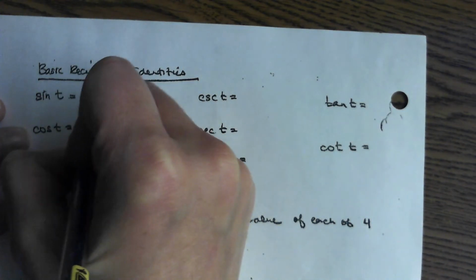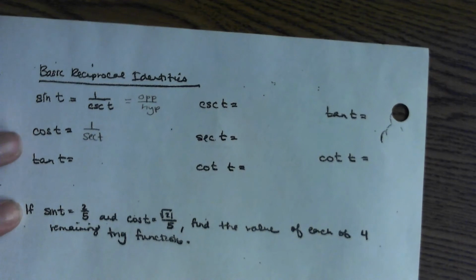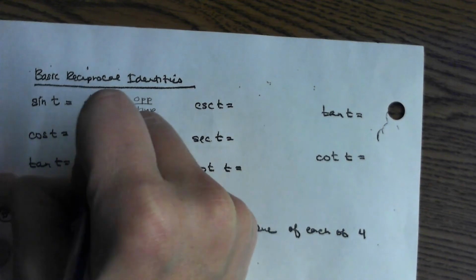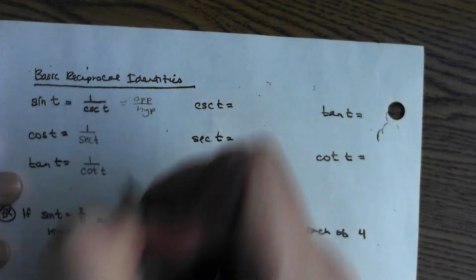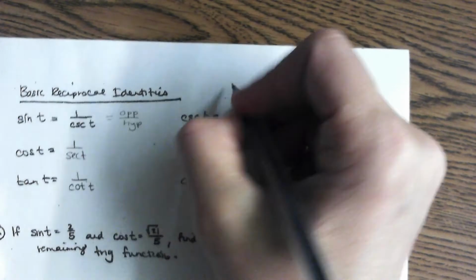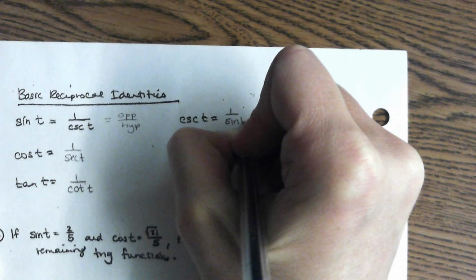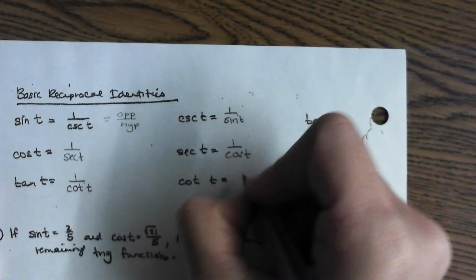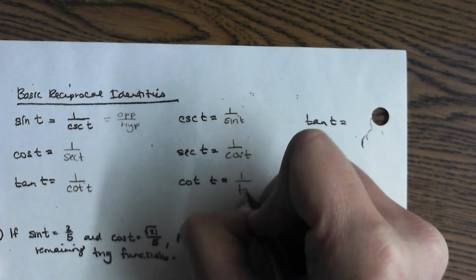The reciprocal of cosine is secant. The reciprocal of tangent is cotangent. Then vice versa, cosecant is the reciprocal of sine. Secant is the reciprocal of cosine. Cotangent is the reciprocal of tangent.